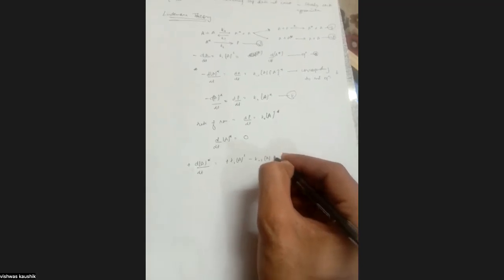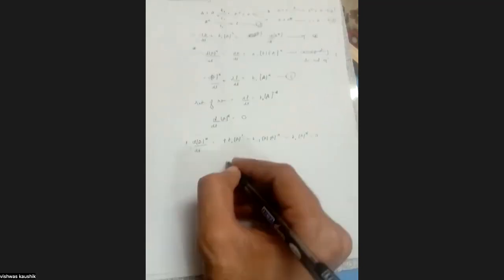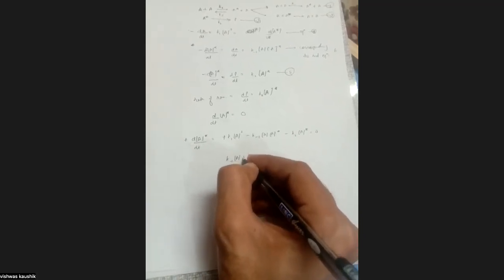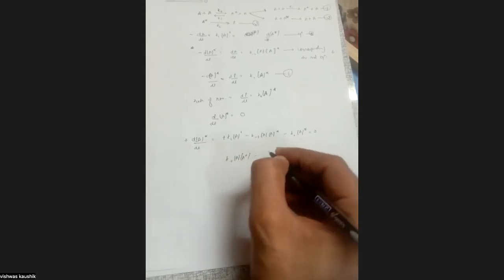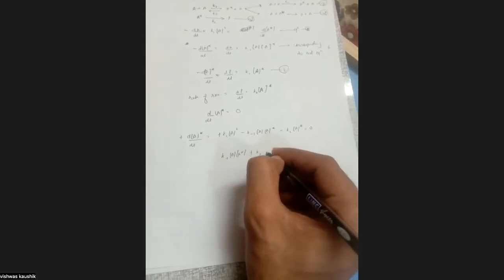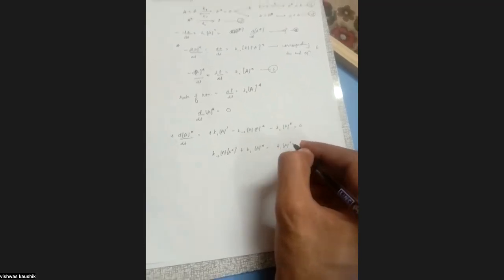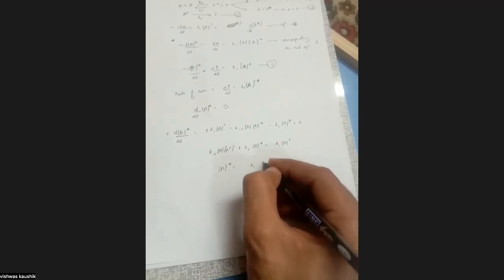So K minus 1 A star plus K2 A star will be K1 A square. A star will be equal to K1 A square over K minus 1 A plus K2.